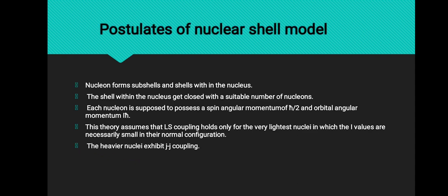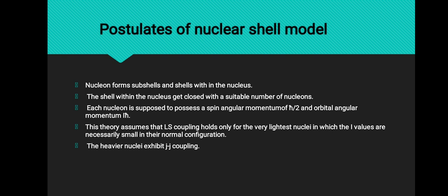Coming to the postulates of the nuclear shell model, nucleons form subshells and shells within the nucleus. The shell within the nucleus gets closed with a suitable number of nucleons, means the shell will be packed by the nucleons. The nucleon has a spin angular momentum as well as an orbital angular momentum.